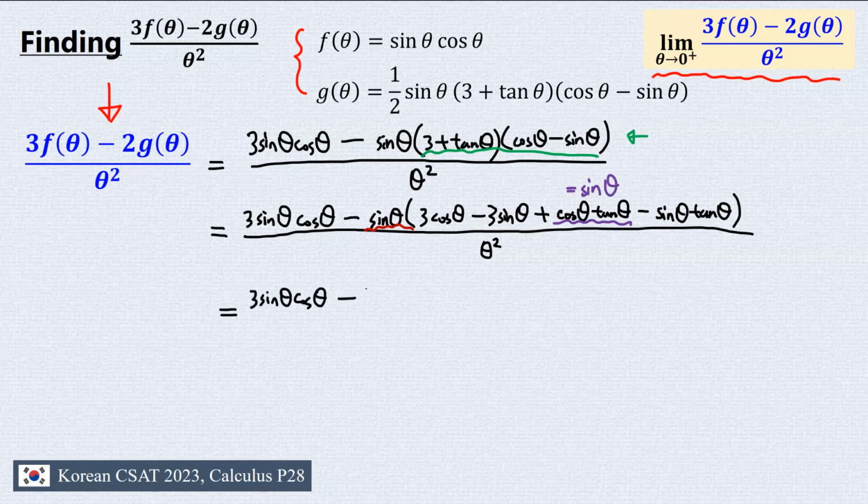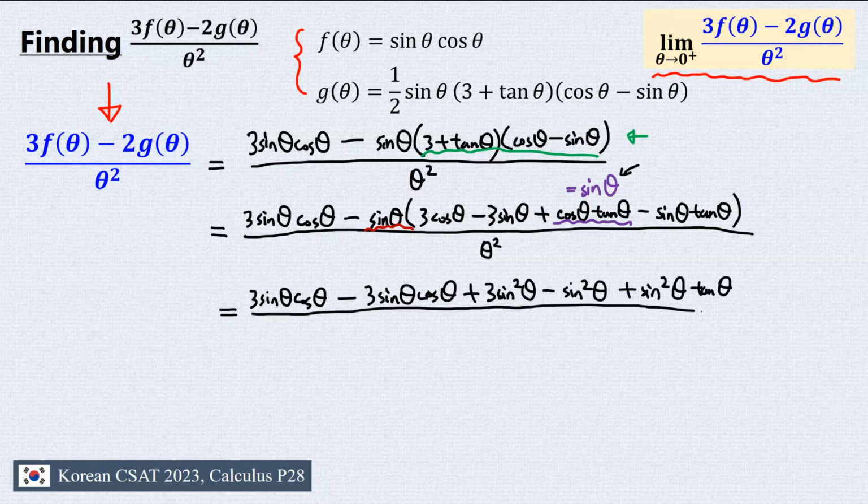So first we have minus 3 sine theta cosine theta, then plus 3 sine square theta, then we multiply with this sine theta, so we have minus sine square theta, and finally plus sine square theta tangent theta.